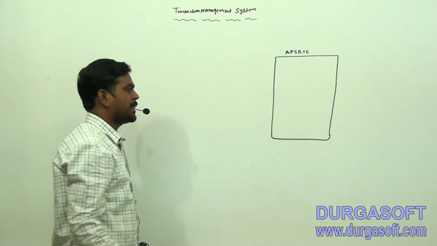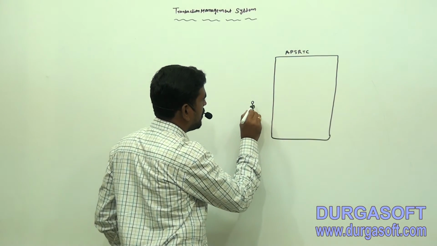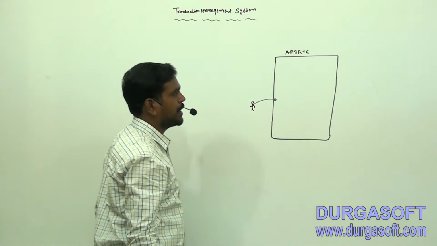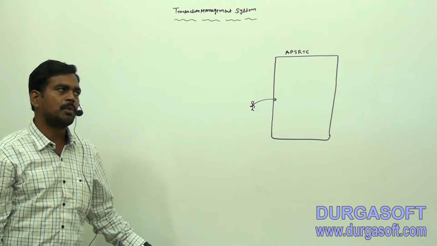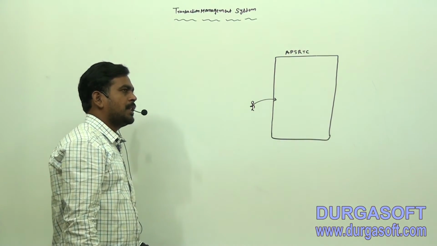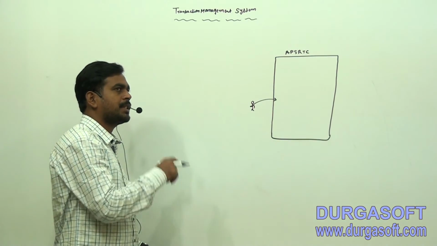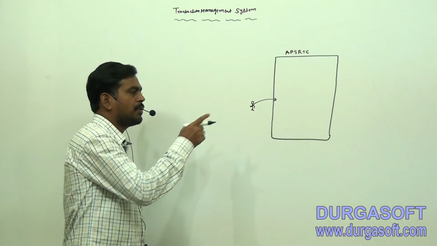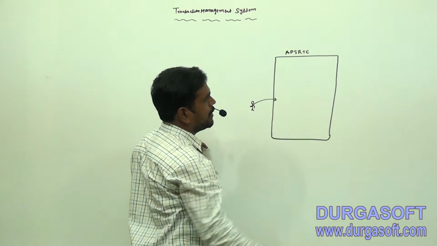Now one customer wants to go from Hyderabad to Bangalore, or Hyderabad to Bombay. If he wants to go to a place, first of all he wants to reserve a ticket, so he goes to the counter and books the ticket.